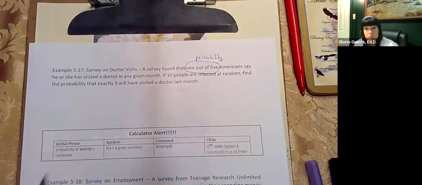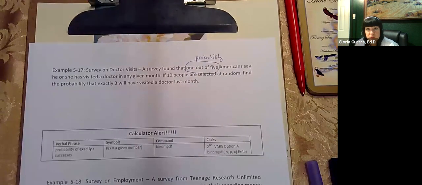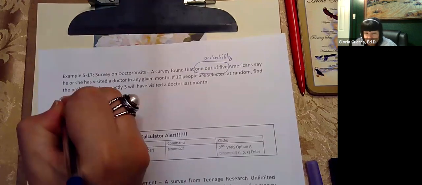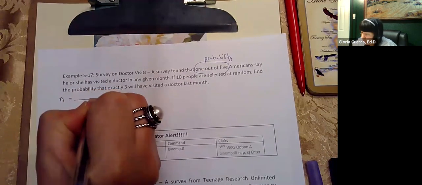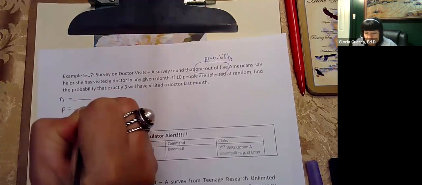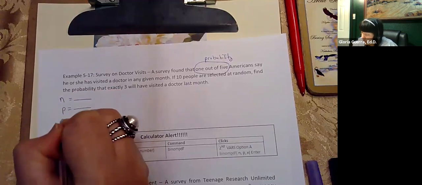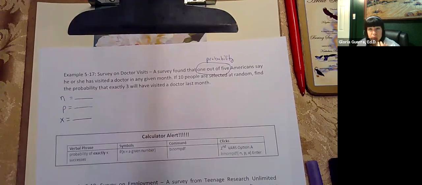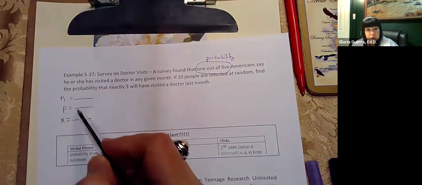So, your successes over your total. On the side, I'm going to put N equals, P equals, X equals. You should notice this when you print your practice test and your test template, you should notice these blanks here to fill.